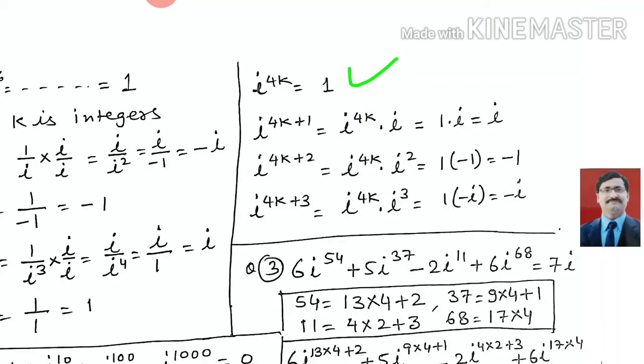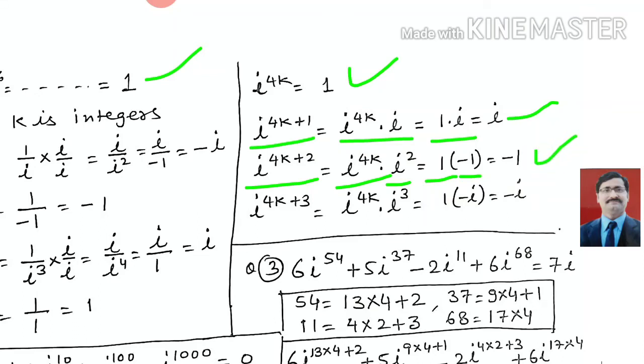If you have iota power 4k plus 1, you can write iota power 4k into iota. Iota power 4k is 1, which we already did, so you get 1 into iota, that is iota. Iota power 4k plus 2 is iota power 4k into iota power 2, and iota power 4k is 1 and iota power 2 is minus 1, so this is minus 1.